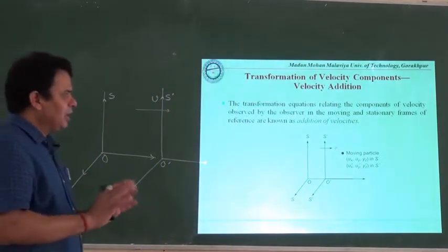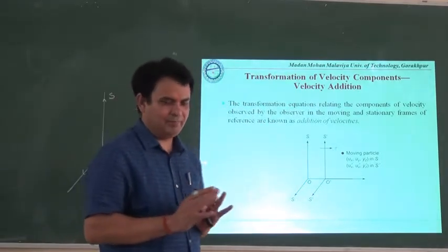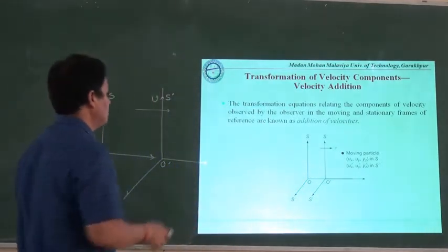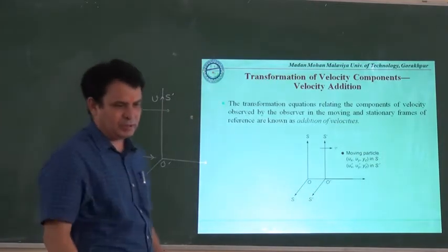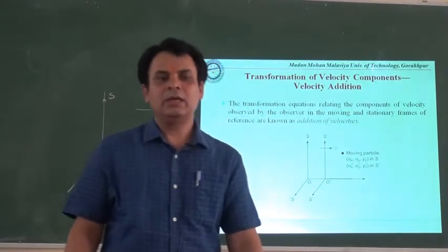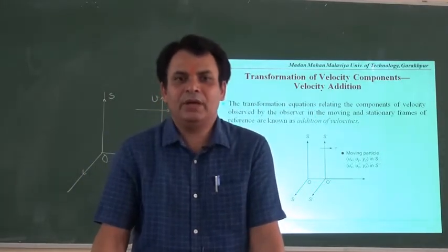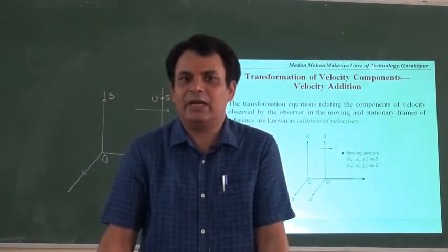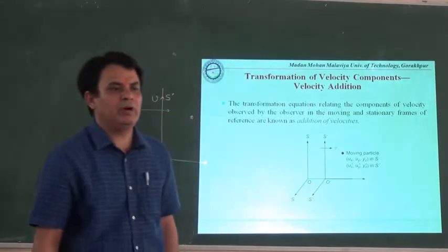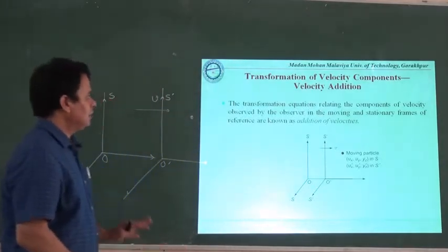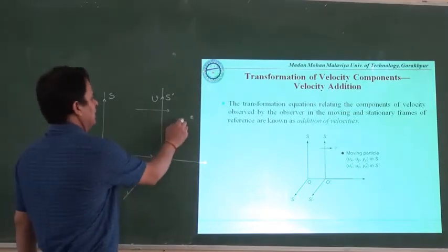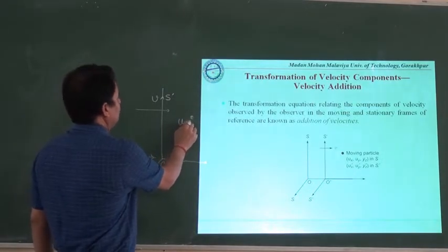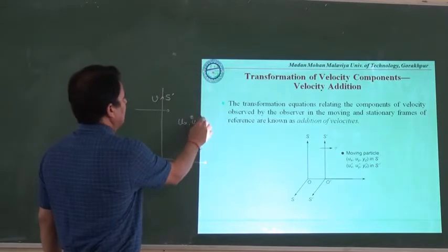Similarly, we will talk about the components of the velocity. For example, this particle is here and has a particular velocity V, having its components Vx, Vy and Vz in the X, Y, Z directions. If that is examined by the observer O here, then it will be termed Ux, Uy and Uz.